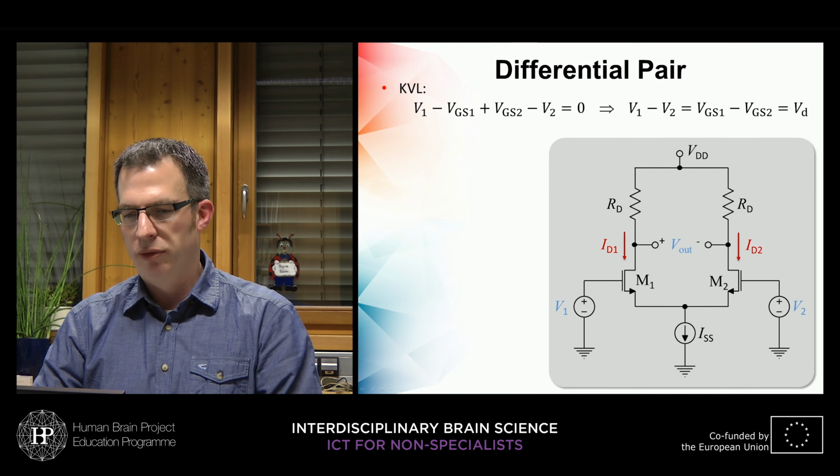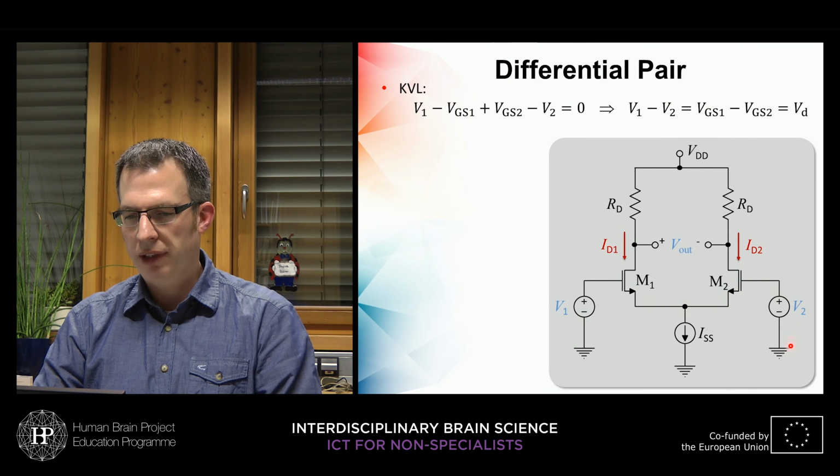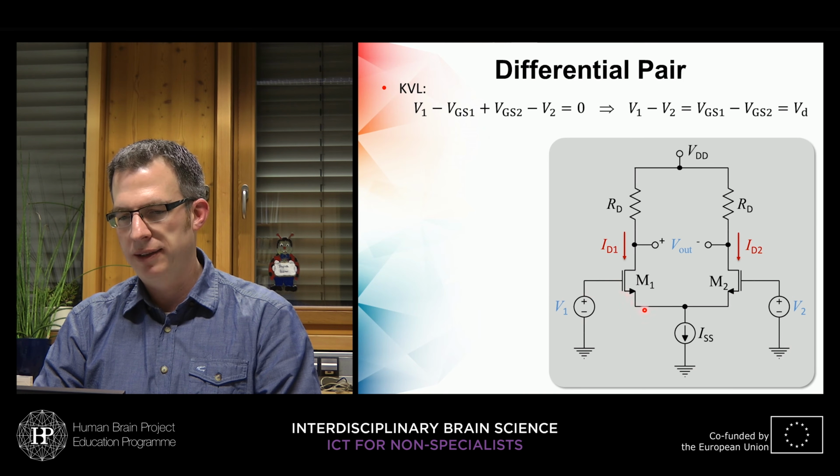Now let's have a look at the voltages. We can use Kirchhoff's voltage law. We have the input voltage V1, we have an input voltage V2, and we have the output voltage, which is the difference between these two terminals. So let's start and analyze this path here. That's what I've written in this formula at the top of the slide. So it's V1, which is positive, then we go negative, minus the gate to source voltage of this transistor.